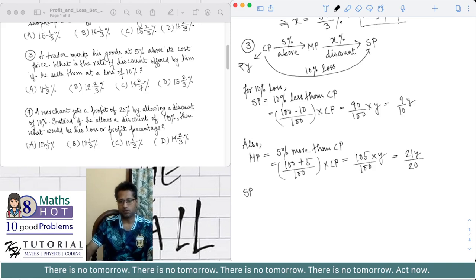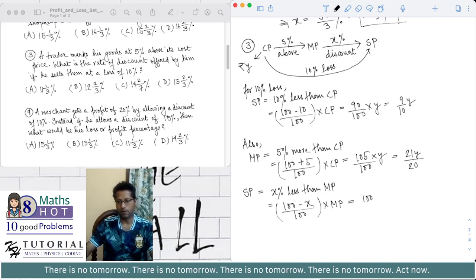Selling price, based on the fact that there is a discount of x% on the mark price, we can say it will be x% less than the mark price. This is equal to (100 minus x) divided by 100, whole multiplied by the mark price, which we calculated to be 21y by 20.